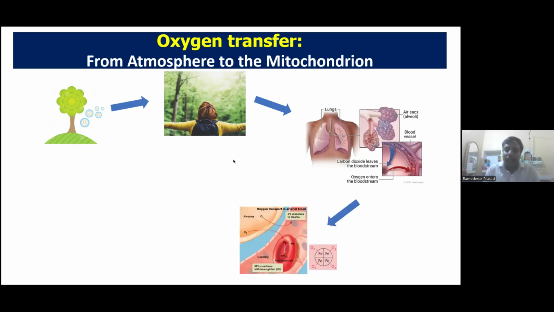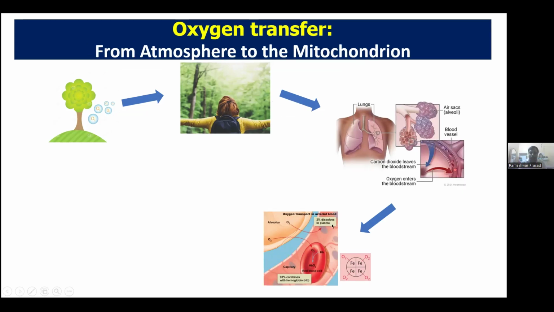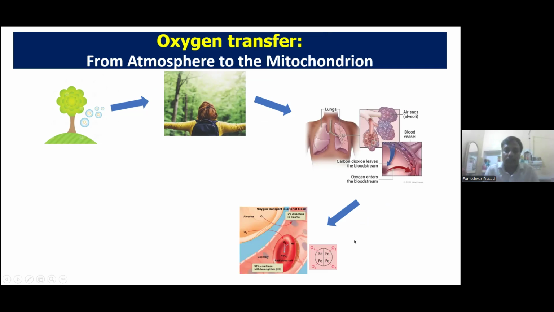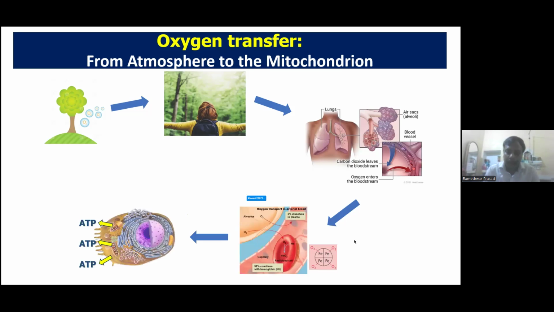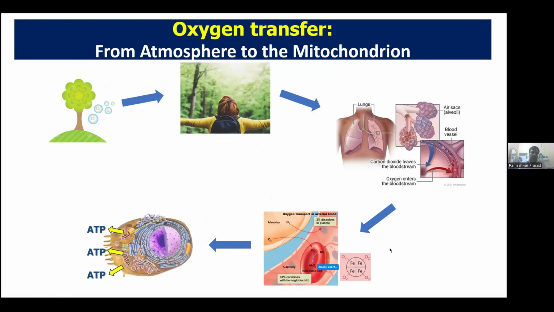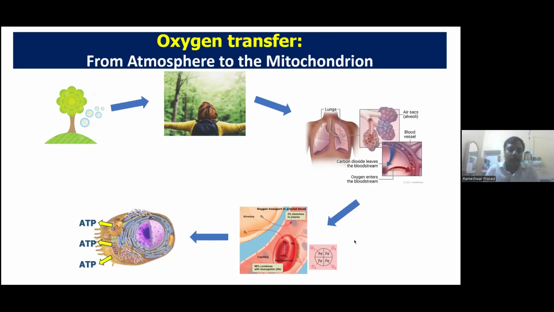After gas exchange, oxygen enters our plasma, where it is transported in two forms. One is bound to hemoglobin, second is dissolved in plasma. From plasma, it is transported to tissue, where it diffuses into the cells and reaches the mitochondria, where high energy phosphate, that is aerobic ATP, is produced by aerobic metabolism. So this is the journey of oxygen.